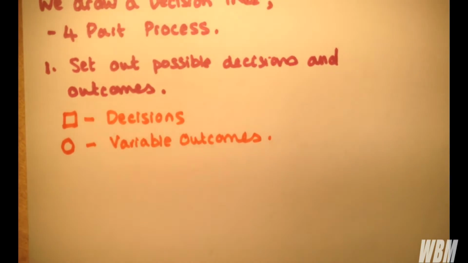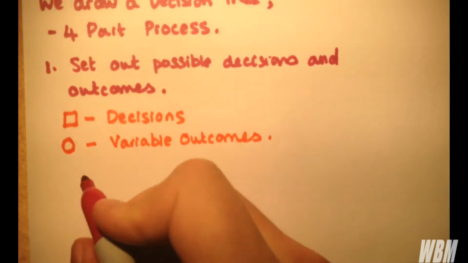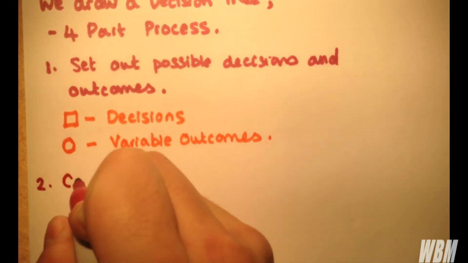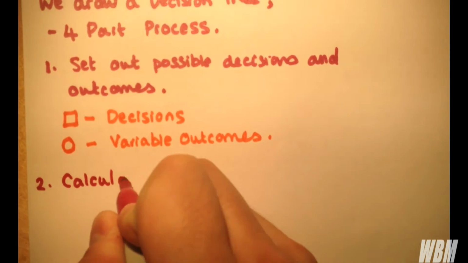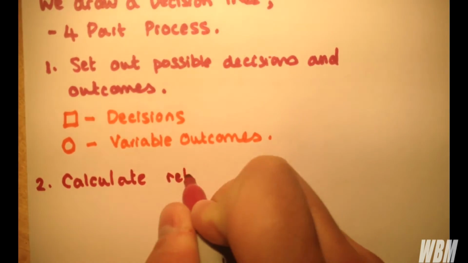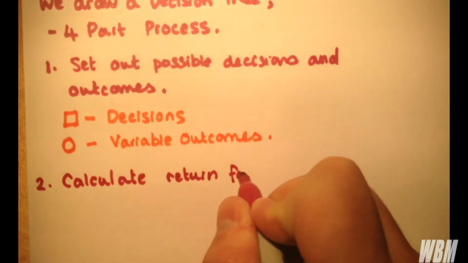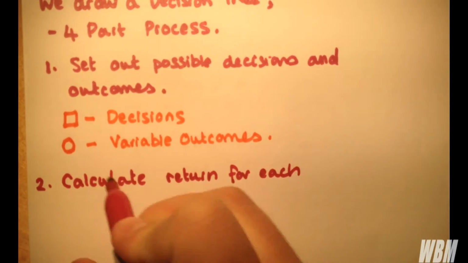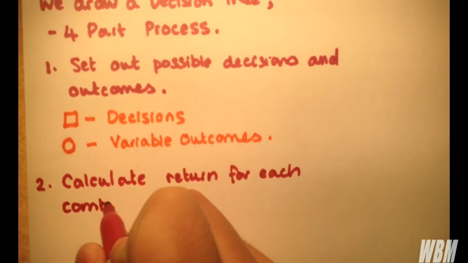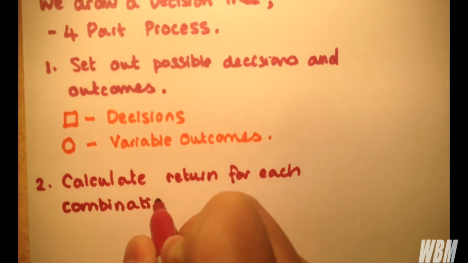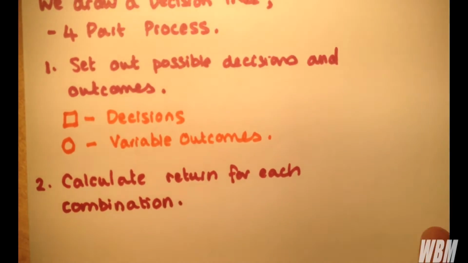And part 2 is to calculate the return for every combination. So we move back to our decision tree.